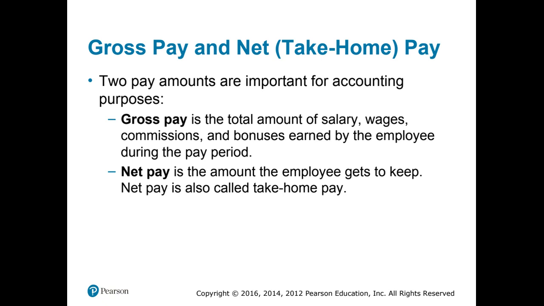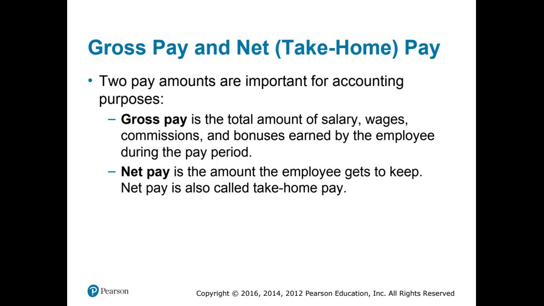Your gross pay is the total amount of your salary, wages, commissions, and bonuses that are earned during the pay period. It's absolutely everything that you have earned during that pay period. Your net pay is the amount that the employee gets to keep. So these numbers can be very different.